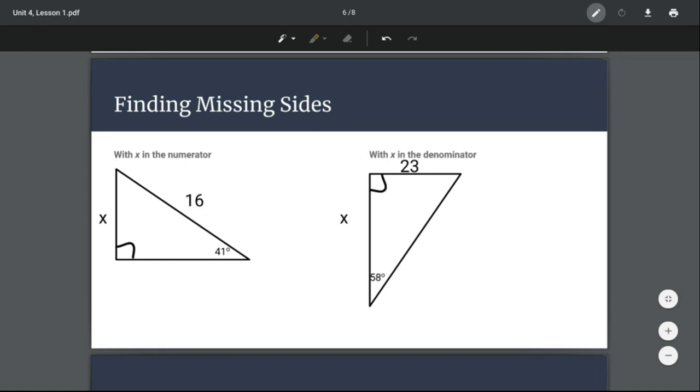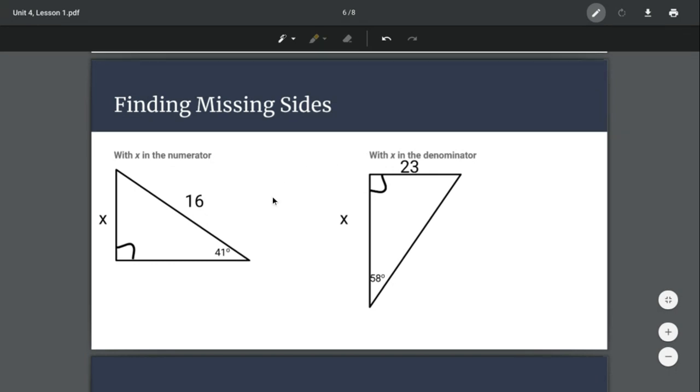Are you going to be finding the sine, cosine, or tangent? Well, we have a reference angle, and the reference angle is going to be the one that's labeled. The 90 would not work because if you ever use the 90 angle as a reference angle, you would notice that the opposite and hypotenuse would be the same thing, and that would just not work. So 41 degrees is our reference angle, and we just start out with that.